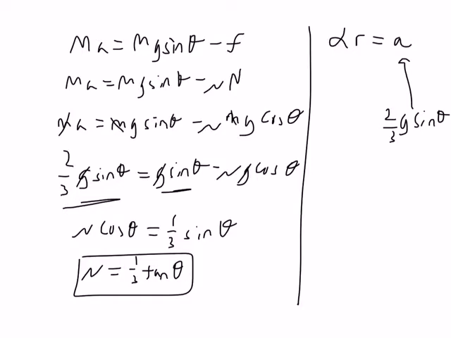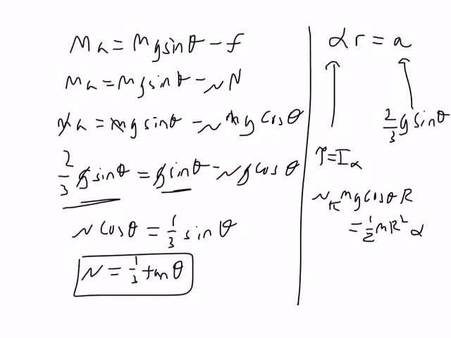And so we can get alpha as well in terms of the friction force. This can come from tau equals I alpha, where tau is the force of friction times the radius. So that's mu k mg cosine theta r equals 1/2 mr squared alpha.